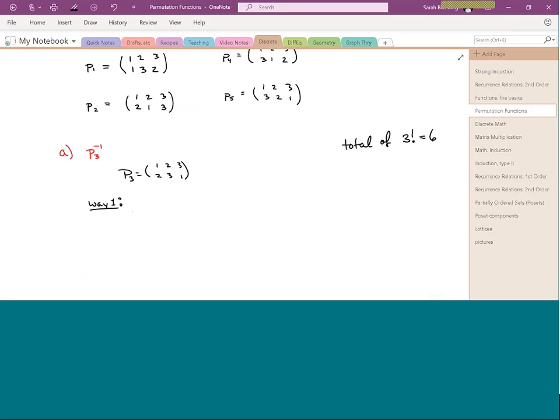Okay? So way 1 is you rewrite your permutation function as a relation. In other words, you put it back into the ordered pairs. Did not want to write an R there. We're just going to get rid of that R. And apparently, not doing it the right way.